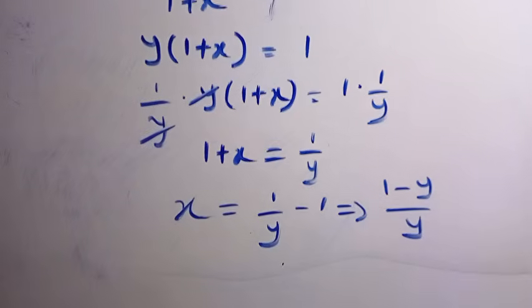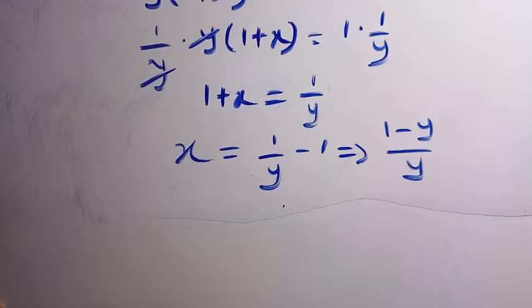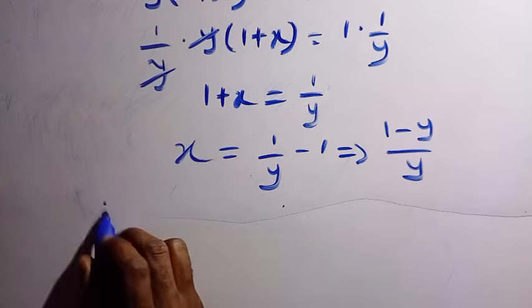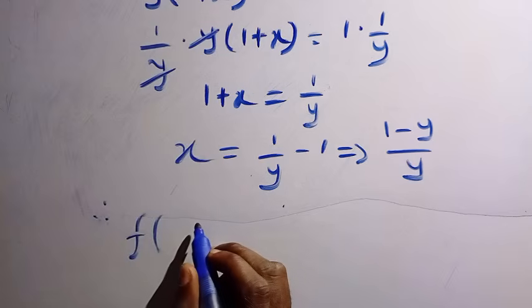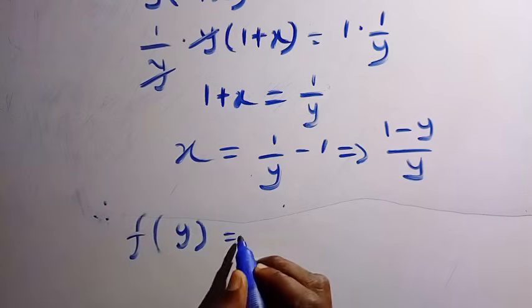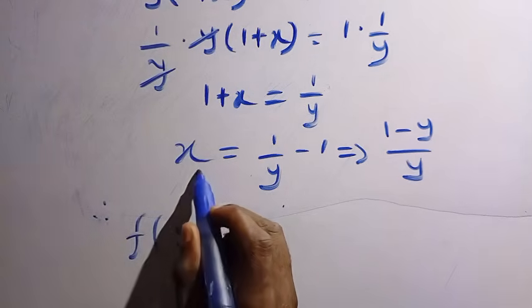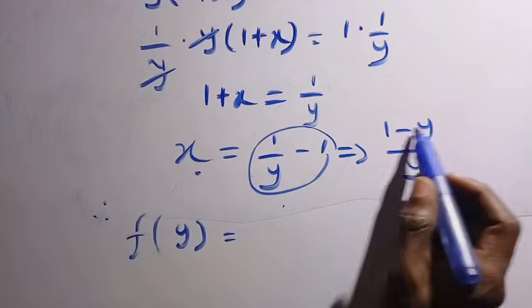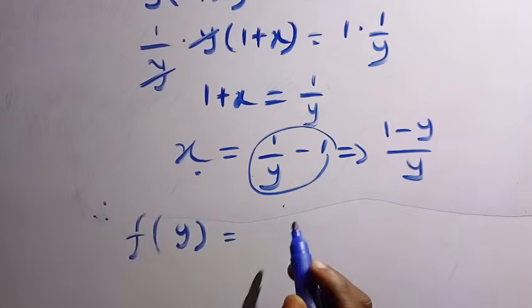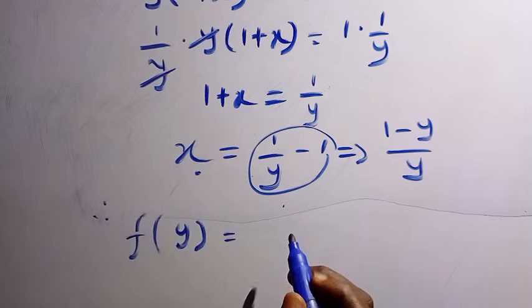Okay, then we substitute back, and we are going to have f of 1 divided by 1 plus x, which is now y, equals, and our new x is either we leave it as 1 over y minus 1, or we have it as 1 minus y over y.